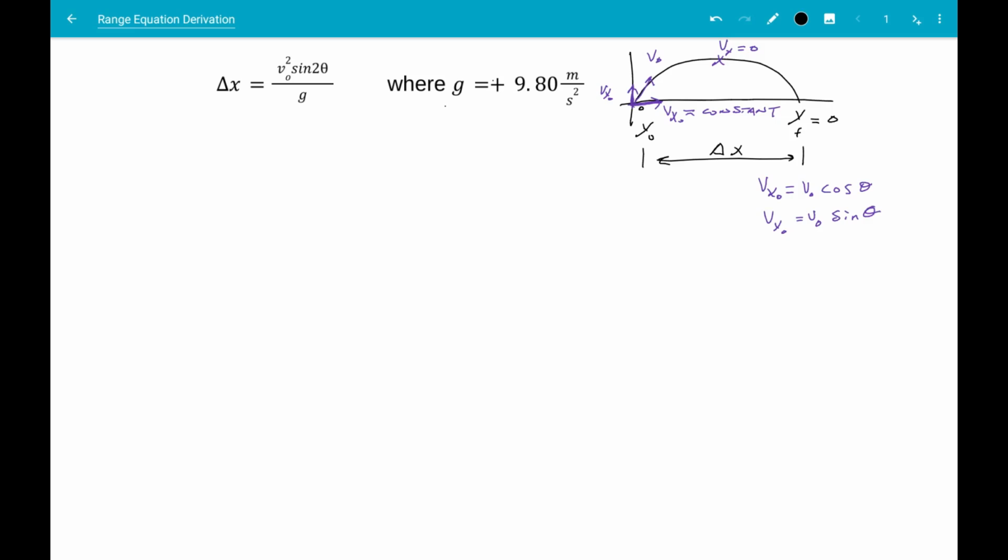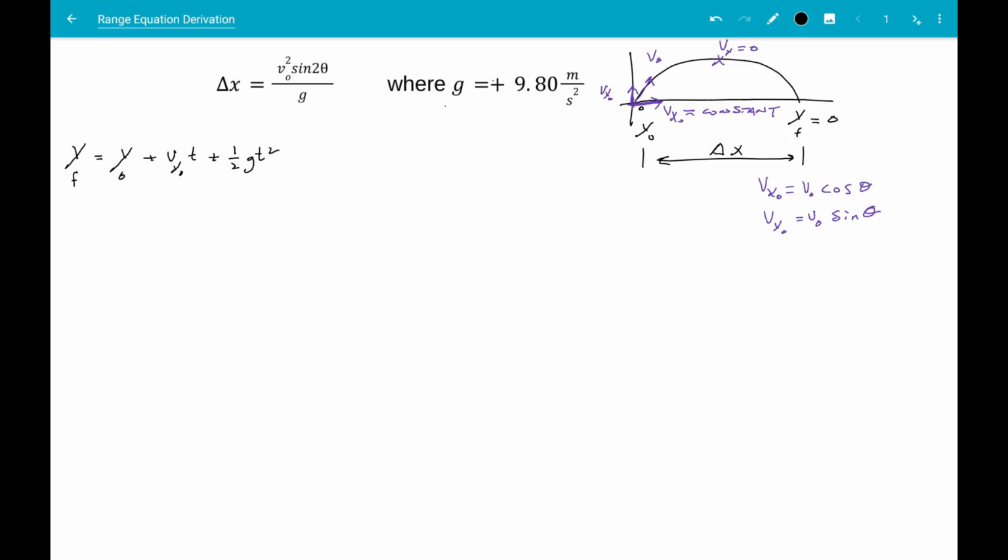In the y direction, let's take the all-in-one, or what I call the Swiss Army knife equation, because it takes in pretty much all of kinematics. So y final equals y initial plus vy naught t plus 1/2 g t squared.